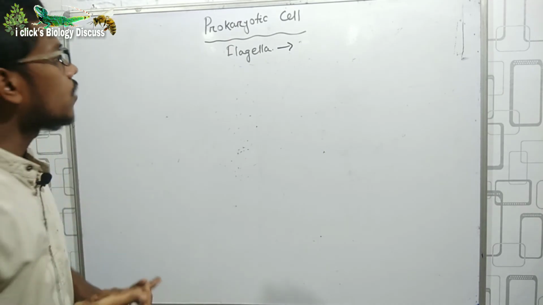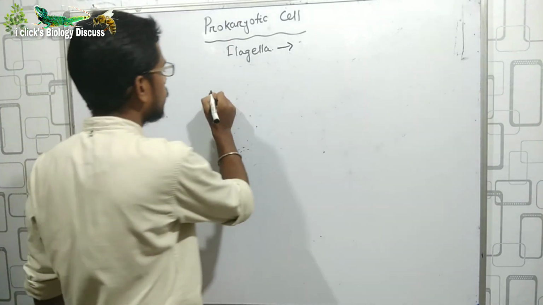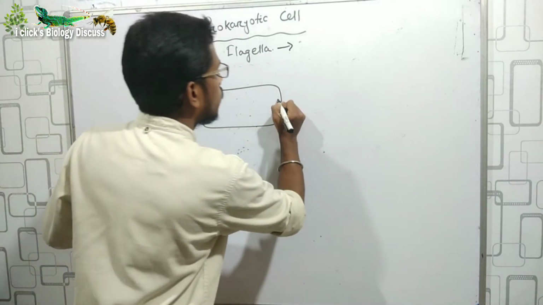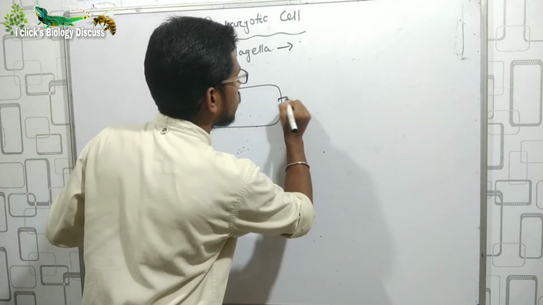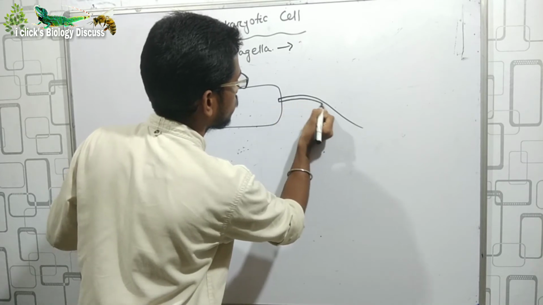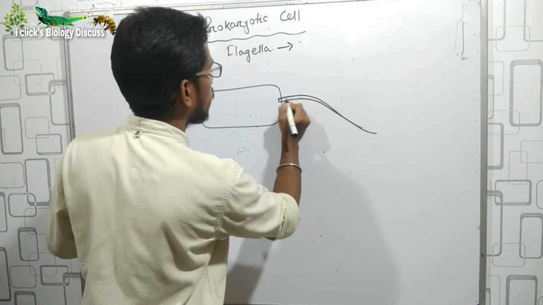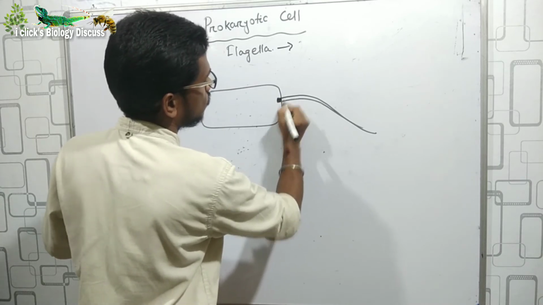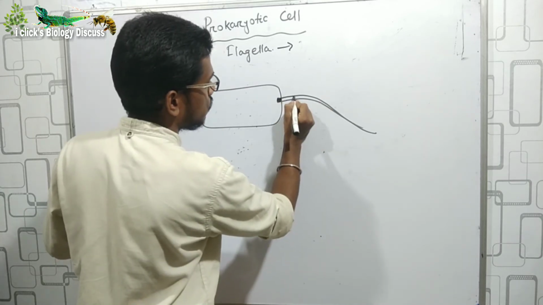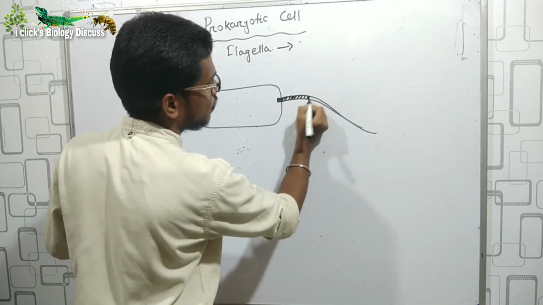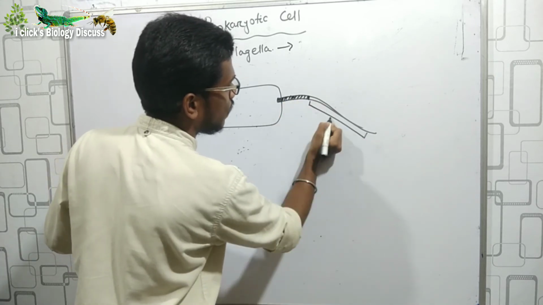Let's see the structure of the prokaryotic flagella. Suppose this is the cell. The flagellum has three basic parts: this is the base part, this is the core part, and this is the extending part.